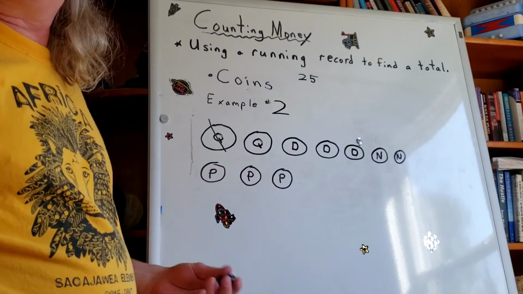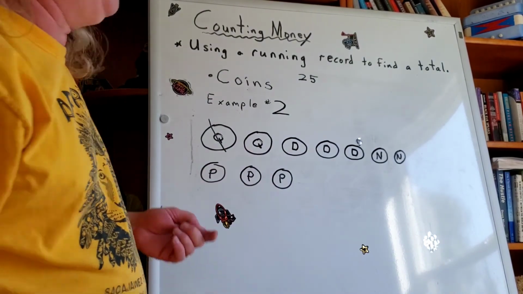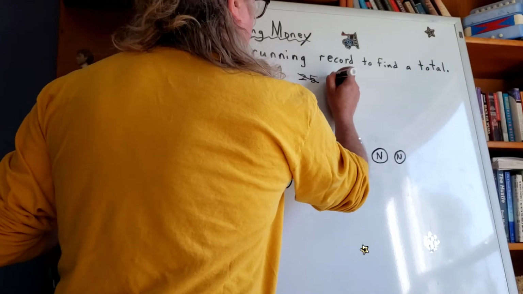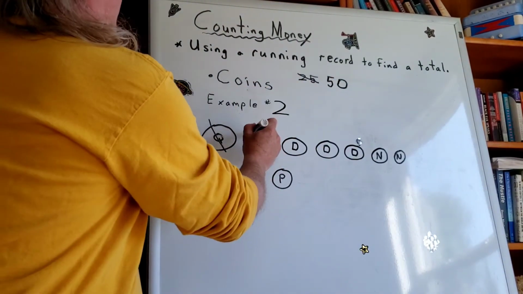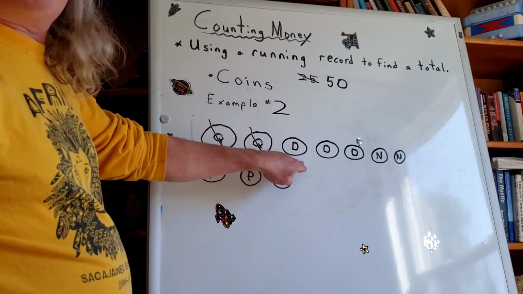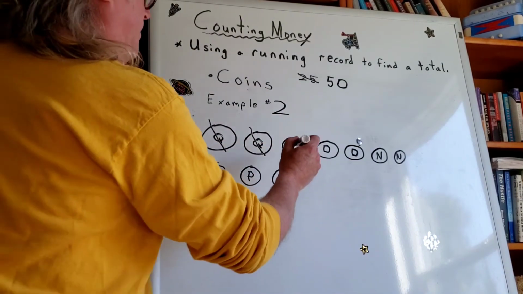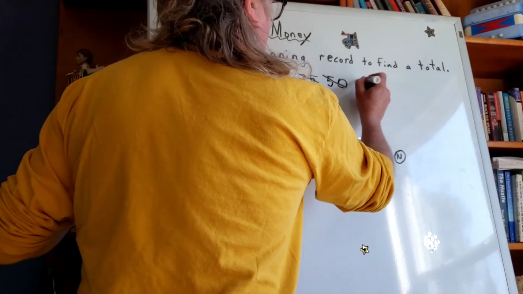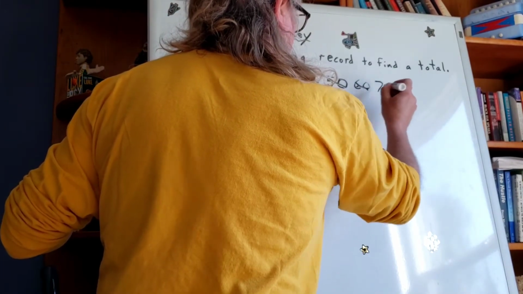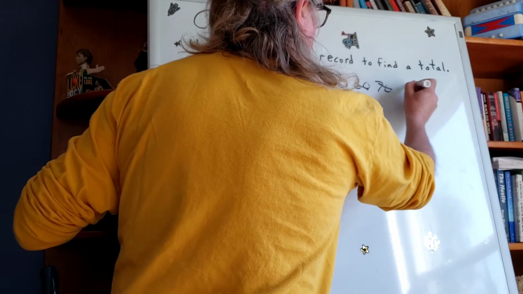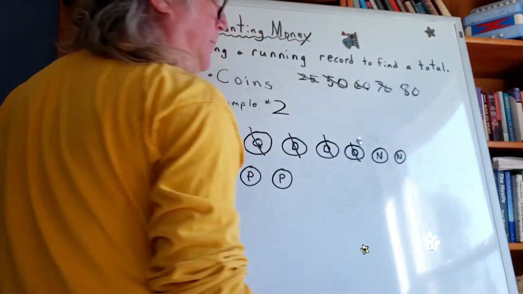A second quarter, 25 and 25 makes 50. That's 50. Next, I'll add the 3 dimes. 1 dime makes 60, 2 makes 70, and 3 make 80.